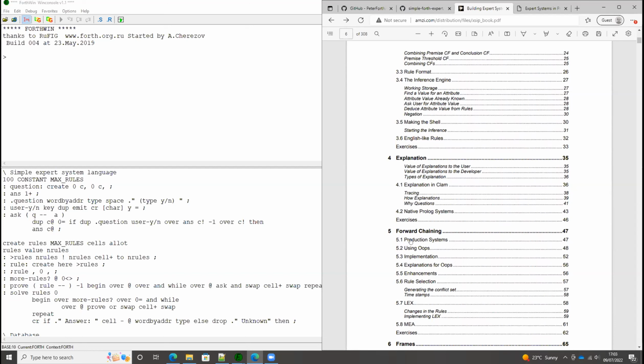But there's also another kind called forward chaining, where what you do is you don't know what the result is going to be like, but you have rules that guide the process. So say, for example, designing a PCB, printed circuit board design. Now, you can't say, based on these components, this is exactly how the result should look, but you know that the result is going to conform to certain rules.